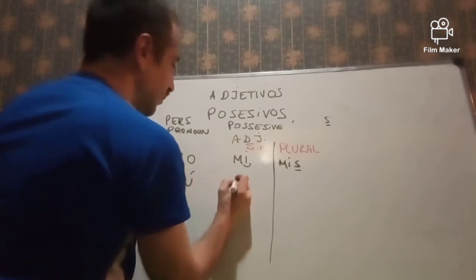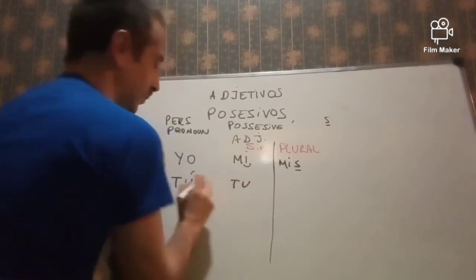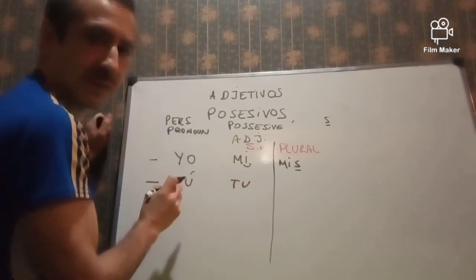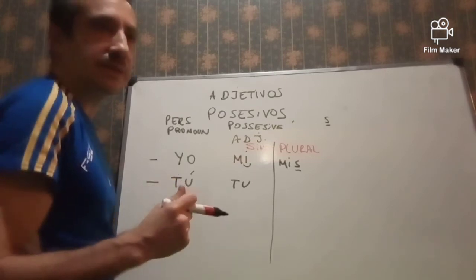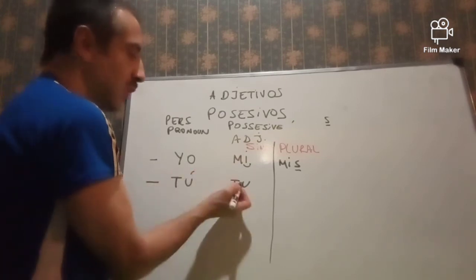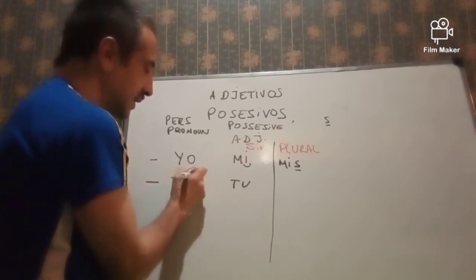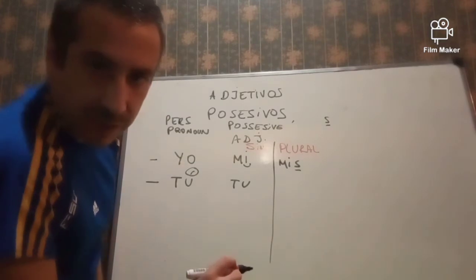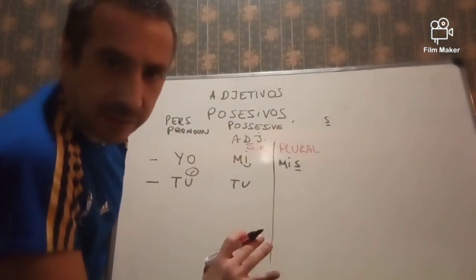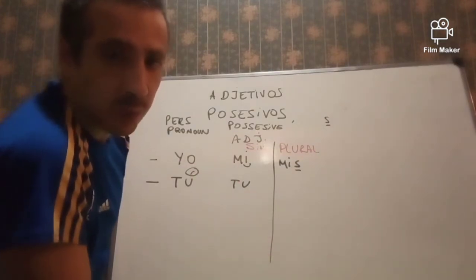For tú. When we see the rules on accents, we'll see why we write this without the sign and this one with the sign. But for now, they are pronounced the same, tú.